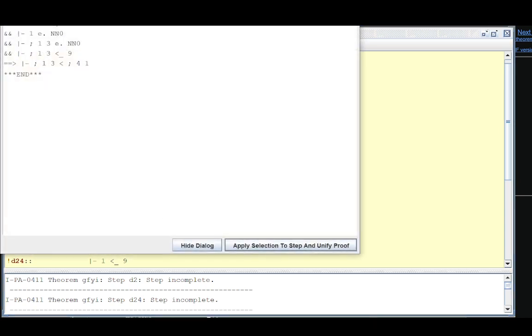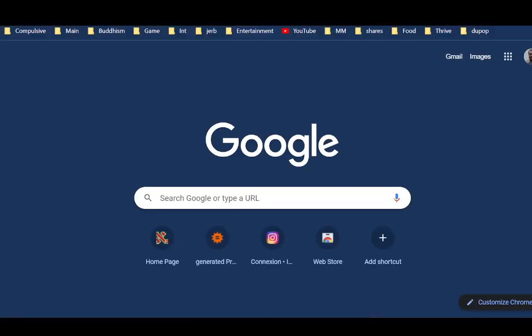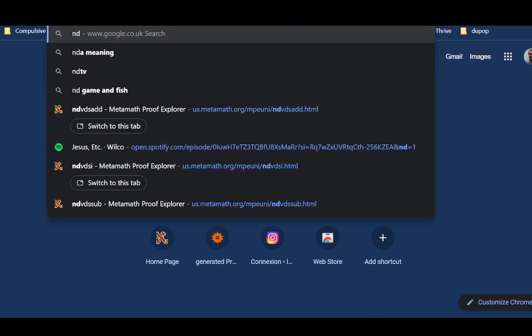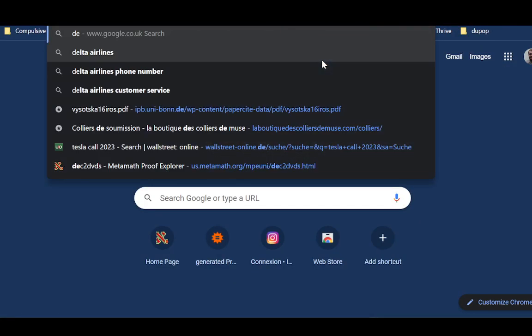So what's this? 13 is less than 9, therefore 13 is less than 41. 4 is a natural number. What is going on? Wait, what was it called? DECLTDI.